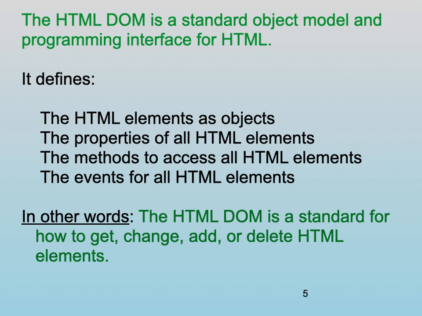So here we are considering HTML elements as objects, with different properties that will be discussed here, and methods to access all HTML elements using JavaScript, and event handling for all HTML elements. In other words, the HTML DOM is a standard for how to get, change, add or delete HTML elements. You will get more idea about all these things when we work with programs or HTML web pages.